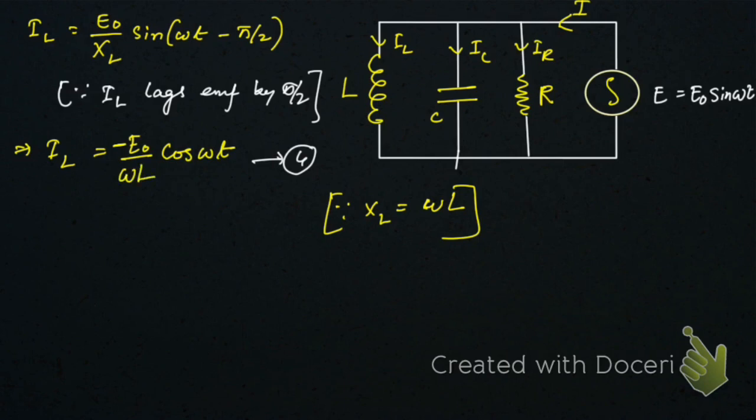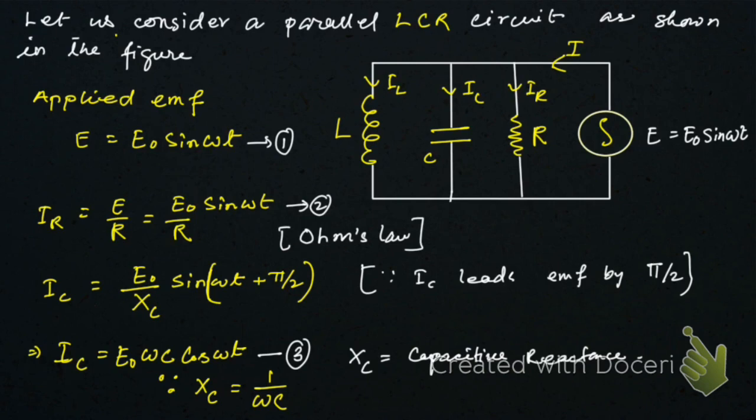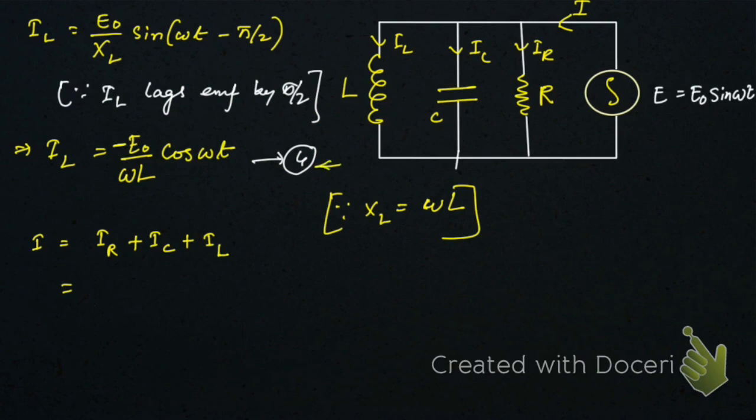Now we're going to find the total current. How to get the total current? If you add, the total current I will be equal to IR plus IC plus IL, right? So let's put the values of IR, IC and IL from equations number 2, 3 and 4. From 2, we have got E naught by R sine omega t.